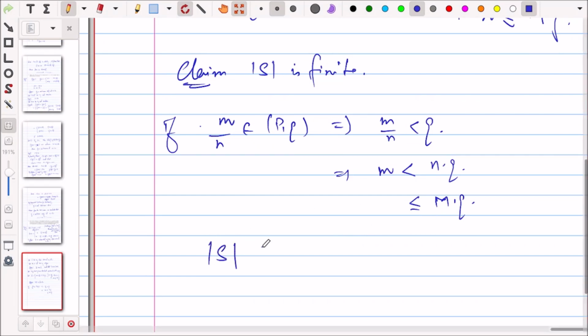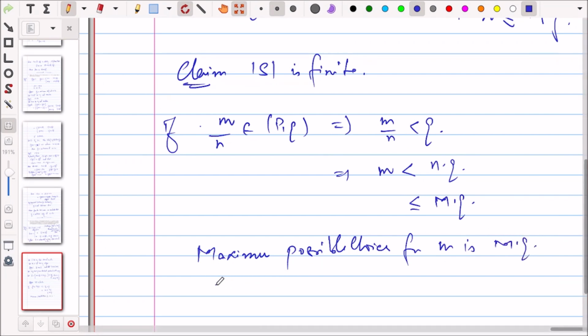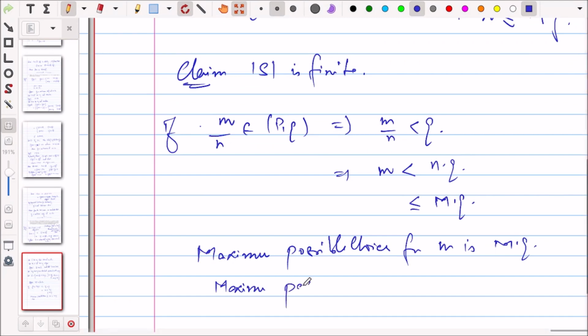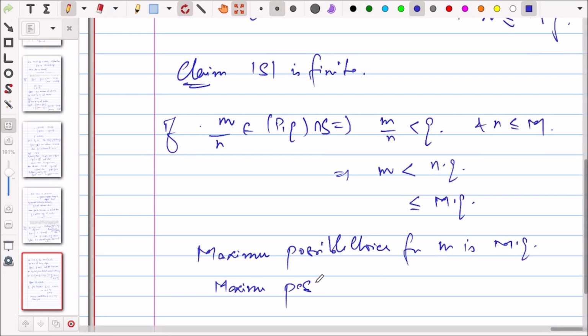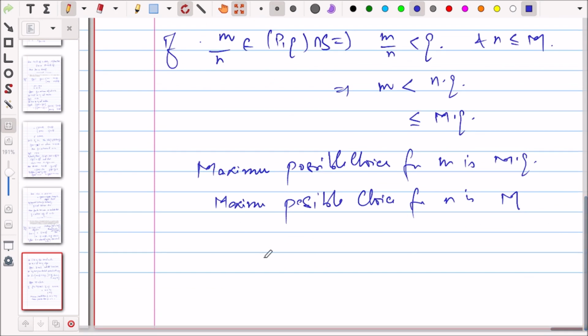So the cardinality of S is less than or equal to, because you have how many choices for m, the maximum possible choices for m is M times q, and the maximum possible choices for n, if m by n belongs to this set S and n is less than or equal to m, is M. So the cardinality of S is definitely less than or equal to M squared times q.